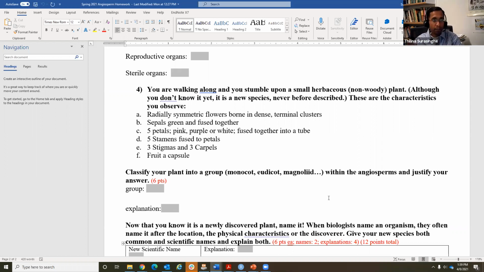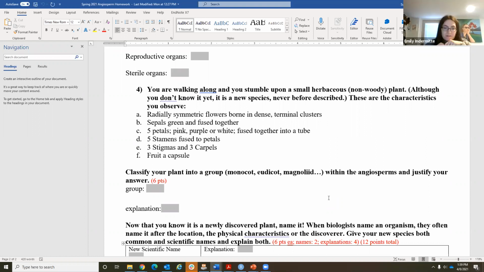Don't look for things that have exactly 5 petals, exactly pink, purple, and white in color, exactly 5 stamens, exactly 3 stigma, exactly 3 carpels. Not all A through F. Maybe just one. Pick one character, look up the genus. Ipomoea radii, Ipomoea inflorescences. That would be the way I would do it, right?